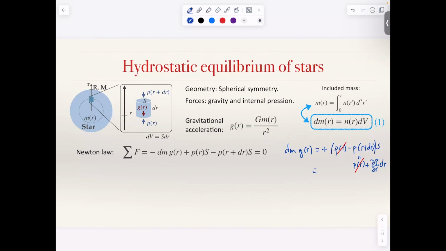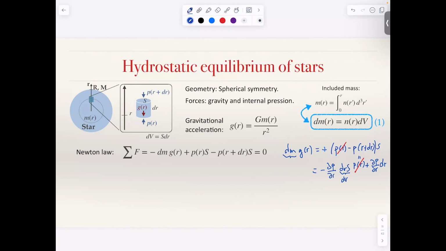And at the end, what I have is a minus dP over dr times S dr. Okay, and S dr is my unit volume, dV, and dm is written above.